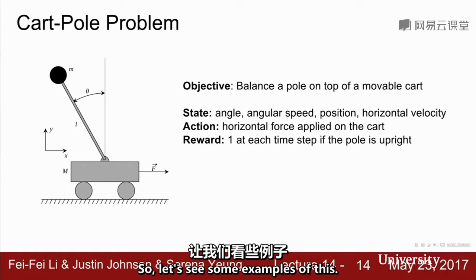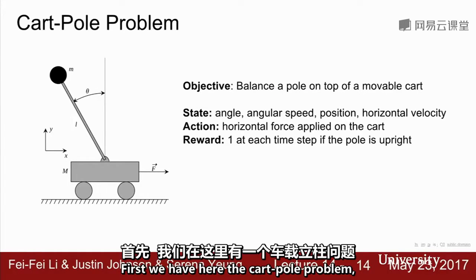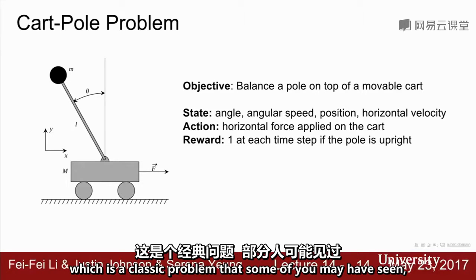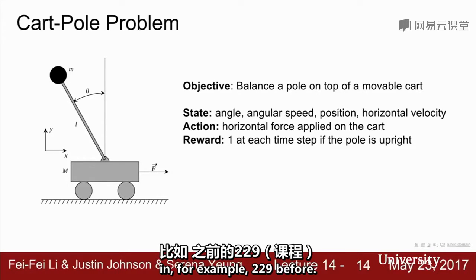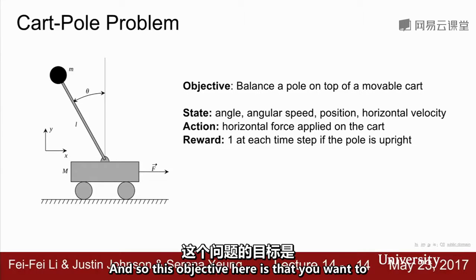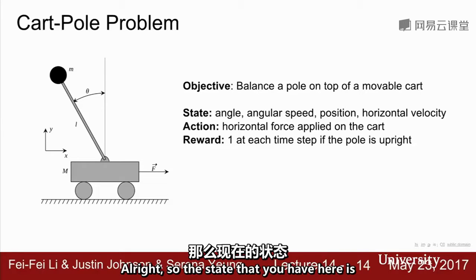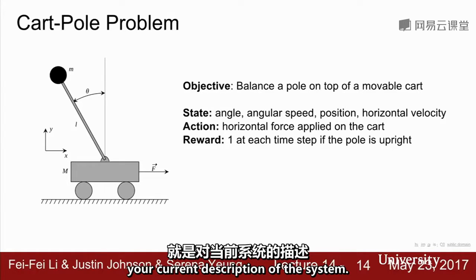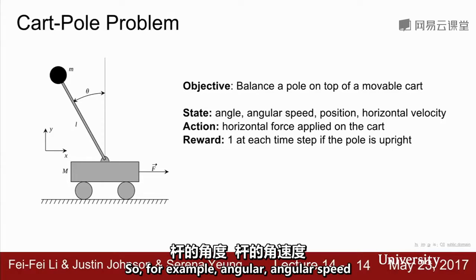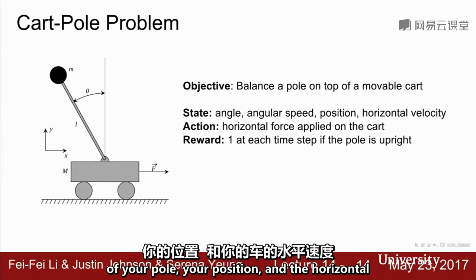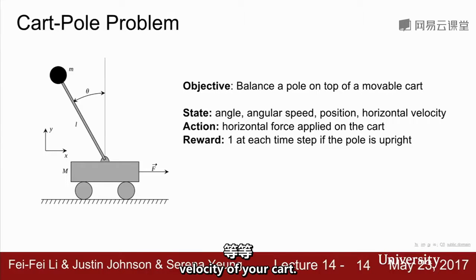So let's see some examples of this. First, we have here the cart-pole problem, which is a classic problem that some of you may have seen in, for example, 229 before. The objective here is that you want to balance a pole on top of a movable cart. The state that you have here is your current description of the system. So for example, angular speed of your pole, your position, and the horizontal velocity of your cart.